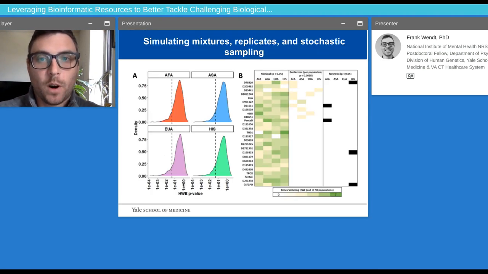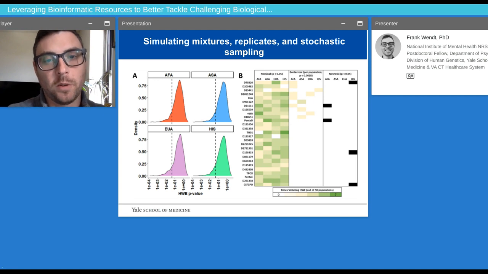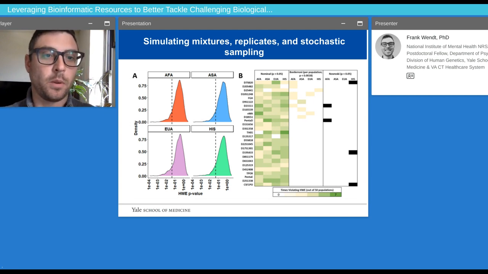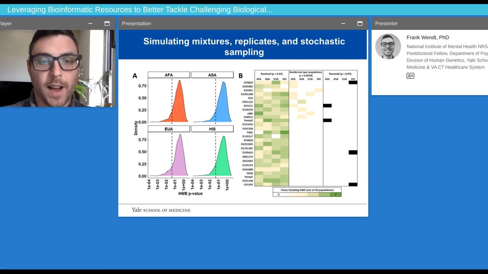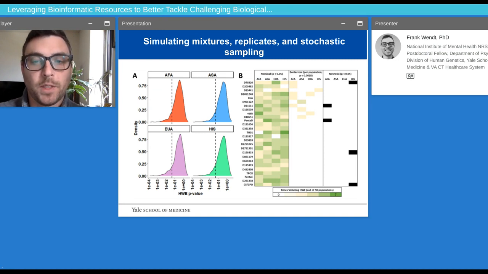So looking at our population genetic information, we're showing here in panel A the distribution of Hardy-Weinberg equilibrium p-values across our 4 American population groups. The vertical dashed line indicates the nominally significant p-value of 0.05. So everything to the left of that line indicates a significant deviation from Hardy-Weinberg equilibrium, at least at the nominally significant level. We tabulate what those deviations look like across all of the STRs in the forensic panel in panel B here.